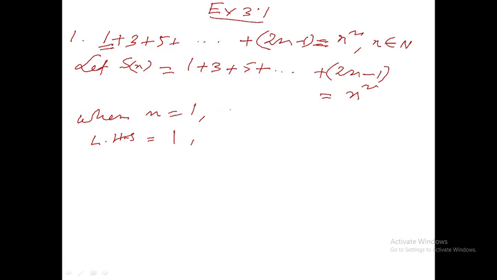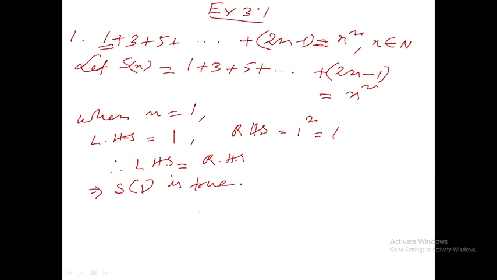Right hand side will be what? Right hand side will be equal to 1 square, which equals 1. So therefore left hand side equals right hand side. Okay, this implies S1 is true.